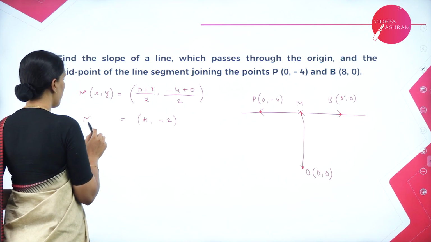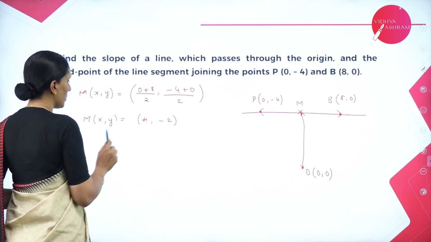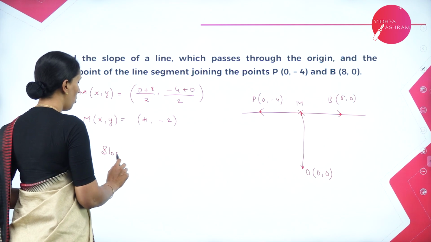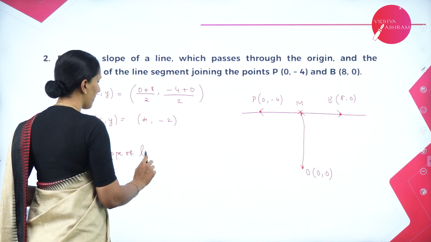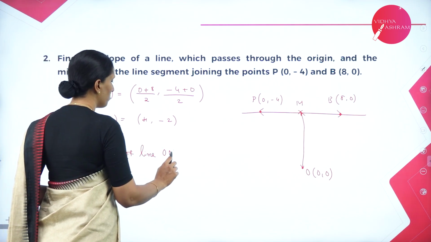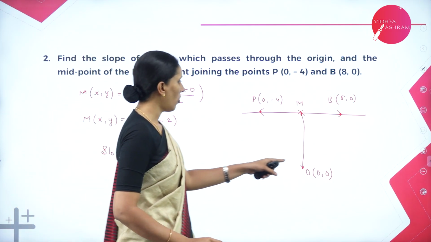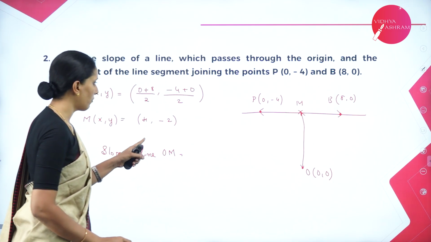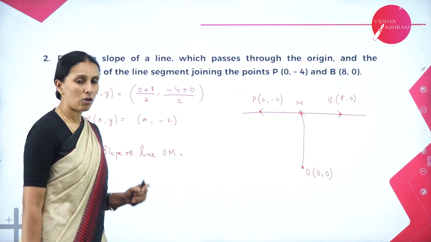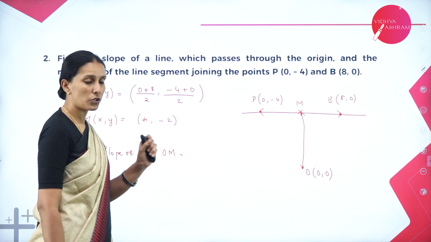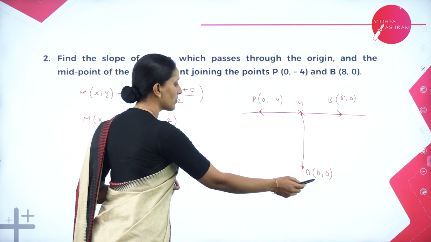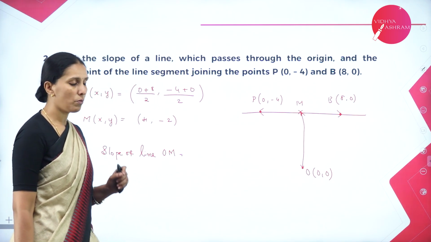Now M(x, y) is given. So the slope of line OM: O is the origin, M is the point which we have got now. Again, the concept of slope using 2 points, that is (y2 minus y1) divided by (x2 minus x1).